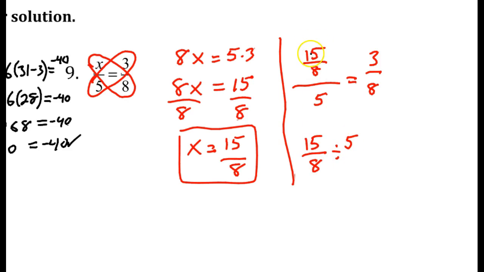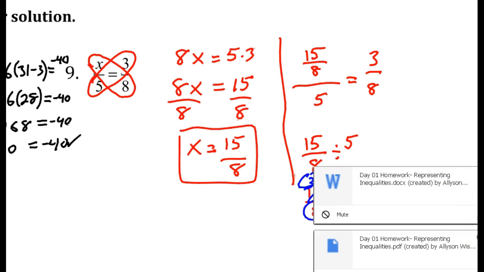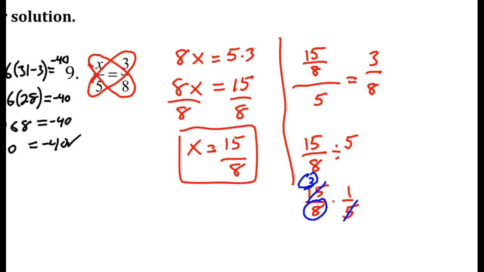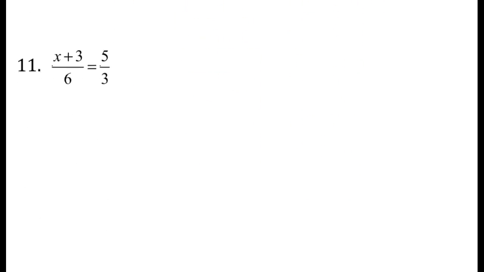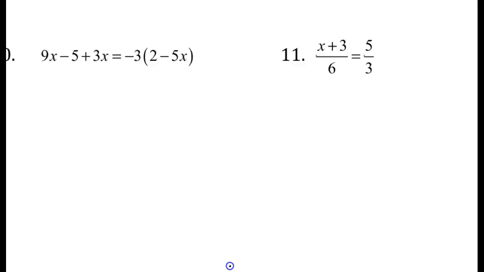So these are identical. 15 over 8 divided by 5. That's the same as 15 over 8 times its reciprocal, 1/5. And then you can see the cross-canceling leaves us with 3 over 8. So I do have 3/8. Okay, good. Keep this going.